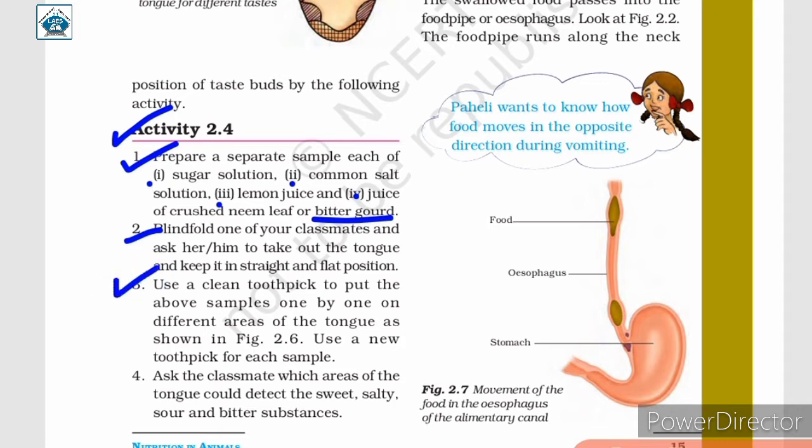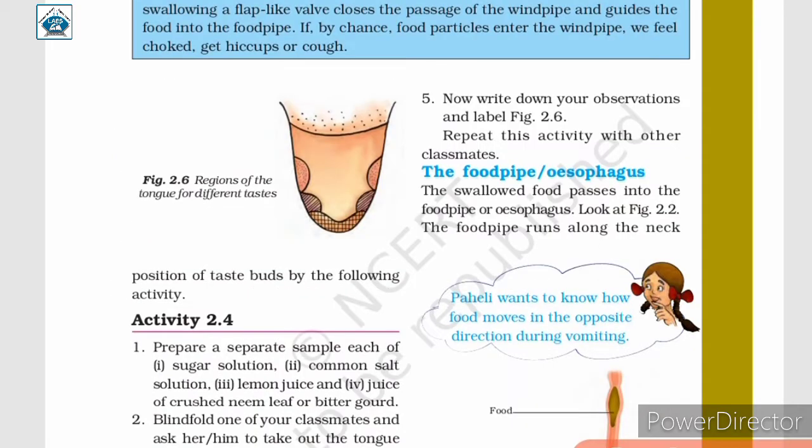Use a clean toothpick to put the above samples one by one on different areas of the tongue as shown in figure 2.6. Use a new toothpick for each sample. Ask the classmate which areas of the tongue could detect the sweet, salty, sour and bitter substances. Now, write down your observation and label figure 2.6. Repeat this activity with other classmates.